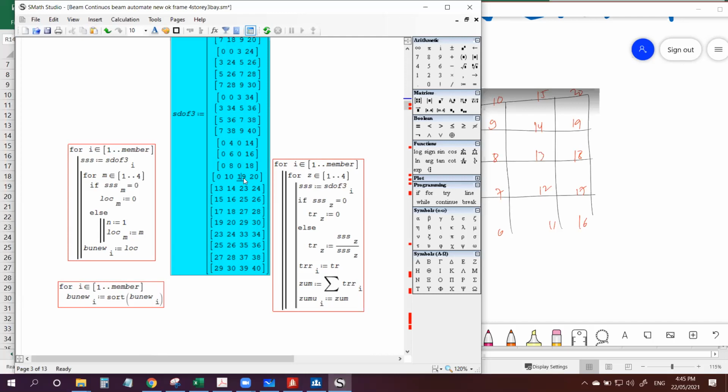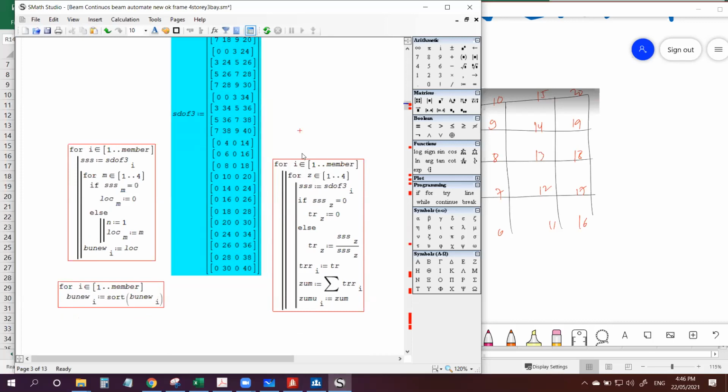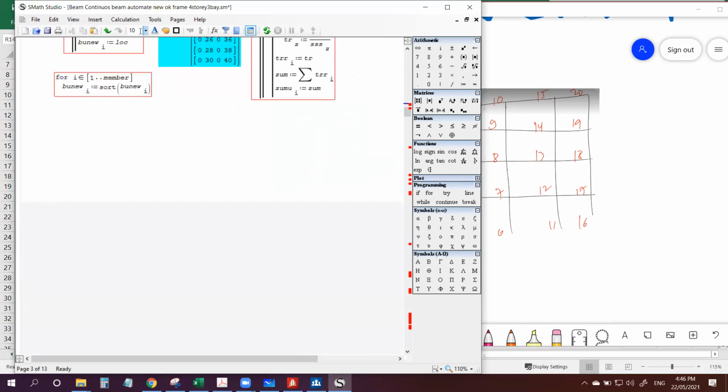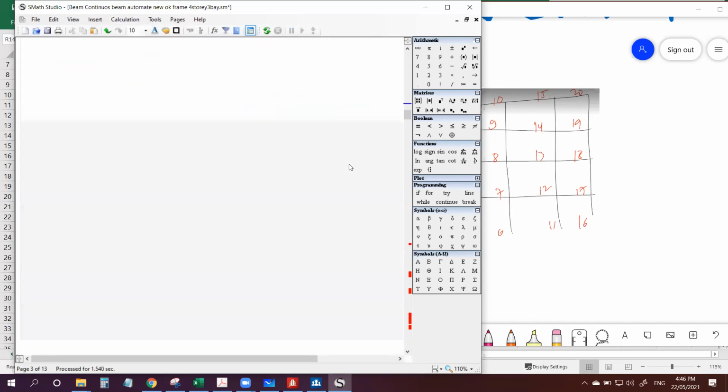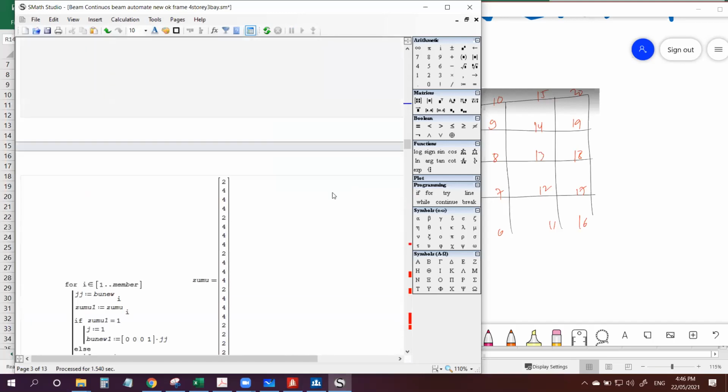I'll only activate the rotation. Okay. There should be no error. So far, no error.